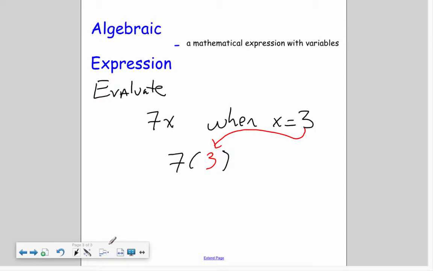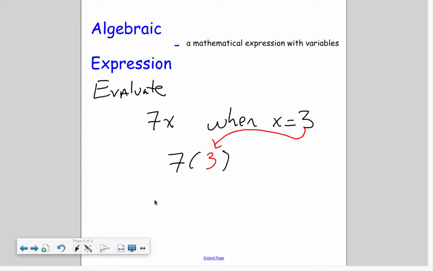Now I can evaluate the expression. To evaluate the expression, you simply do the math that's left in the expression after you've substituted in the value of x. In this case, in between 7 and the parentheses is a multiplication sign.